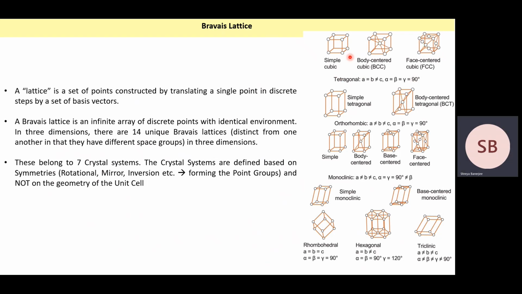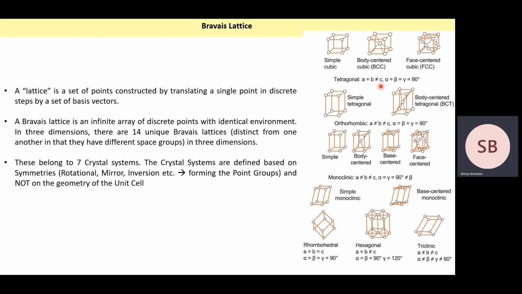In cubic, the characteristic is that all the sides are equal, that is a equal to b equal to c, and the angles between the axes, alpha, beta, gamma, are all 90.